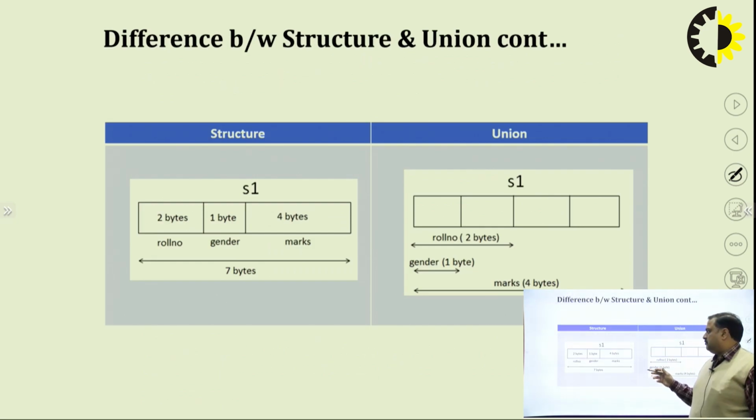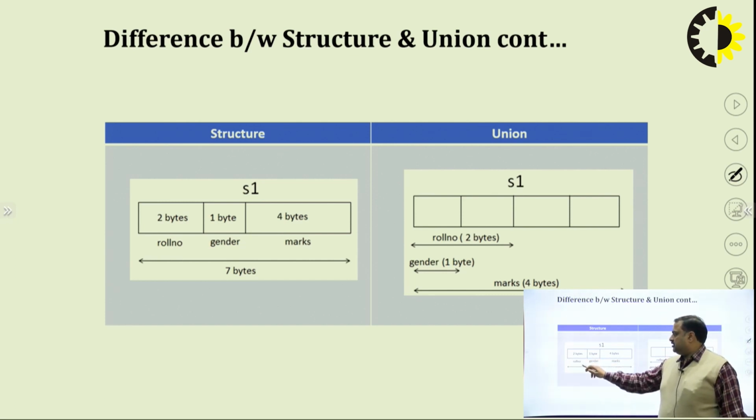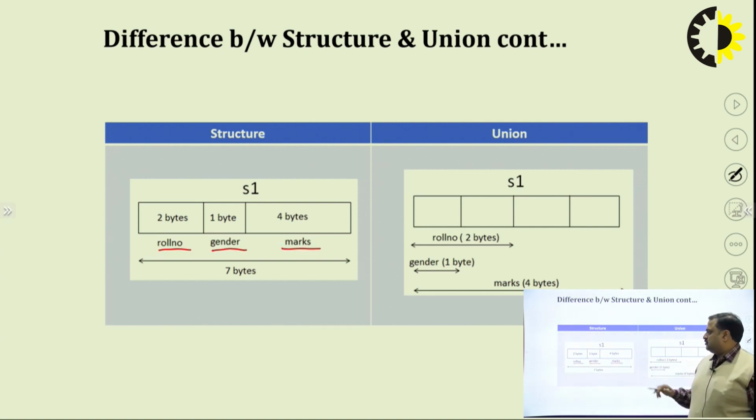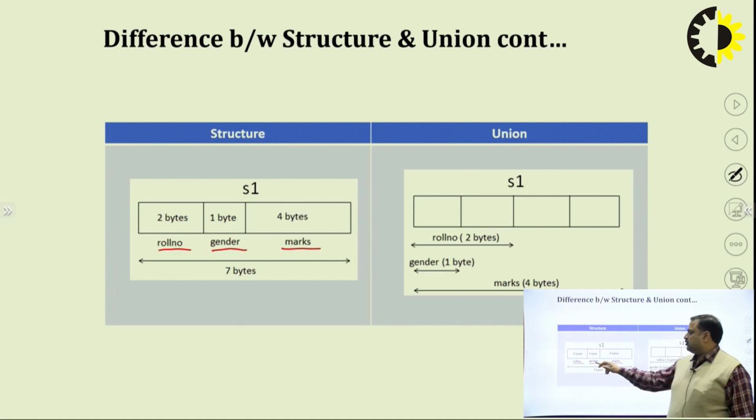This is another graphic for better understanding the memory requirement for structure and union types. It has roll number, gender and marks. Roll number is of type integer of 2 bytes, gender is of type character, and marks is a float of 4 bytes.